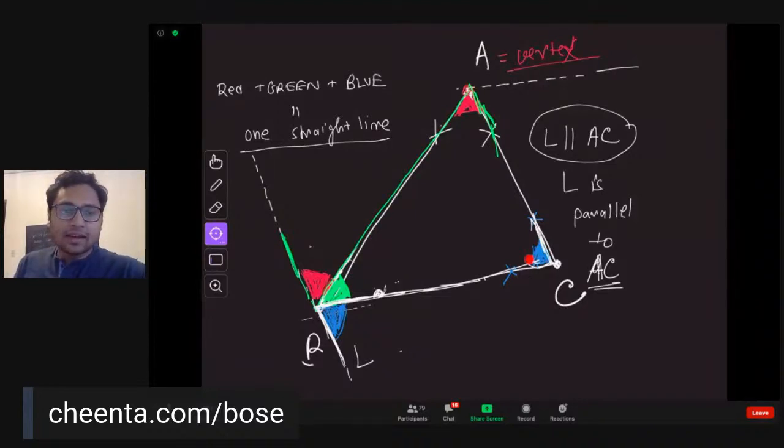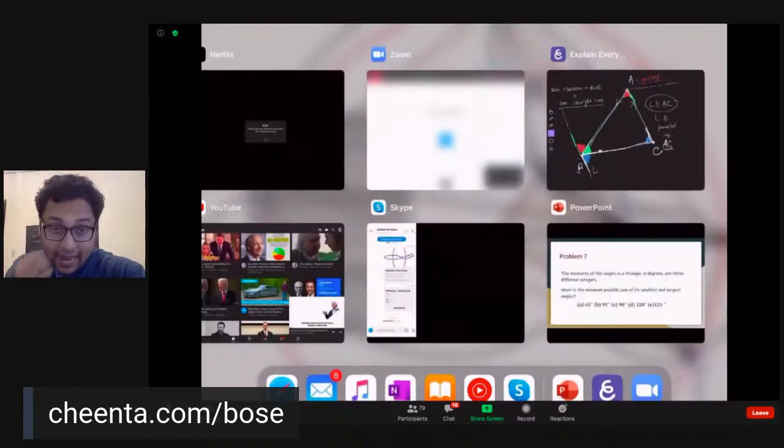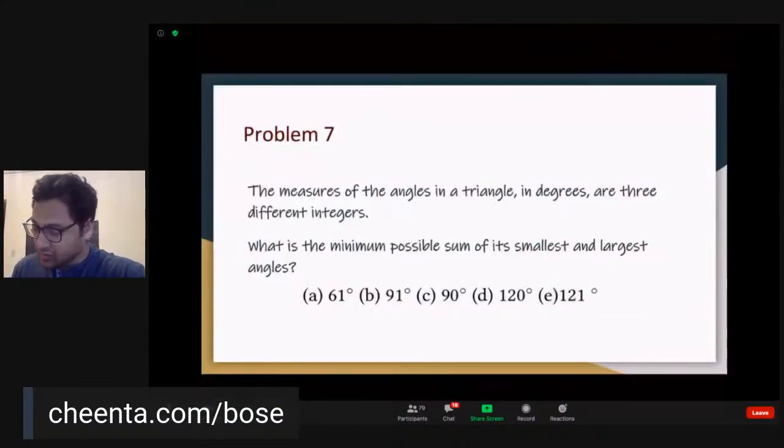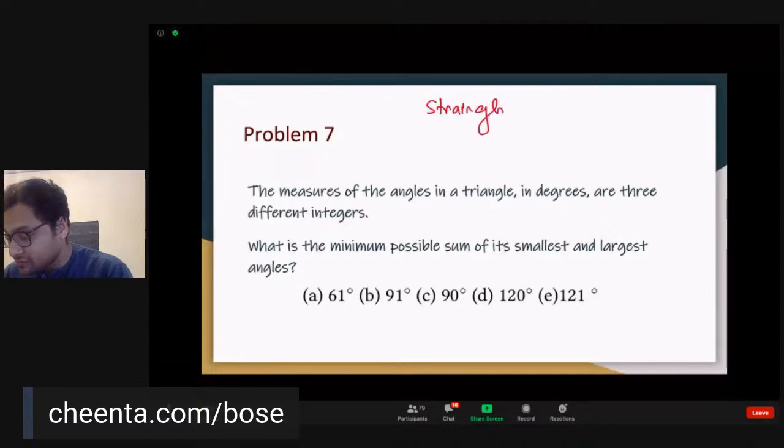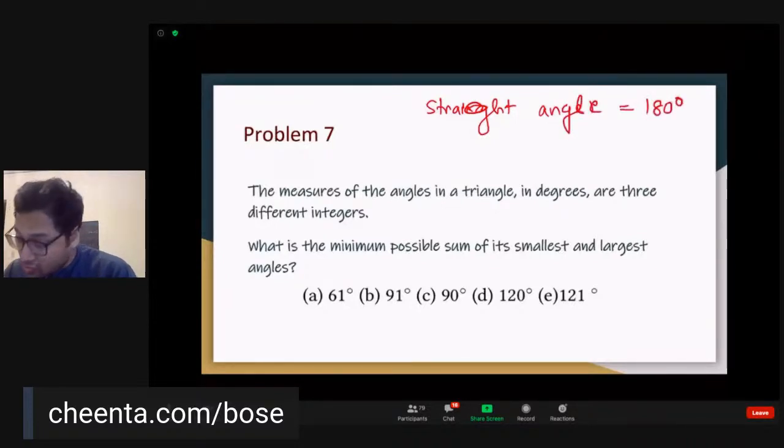Okay, so now that we know that the three angles of a triangle add up to a straight angle, and the straight angle is often referred to as 180 degrees, because the complete revolution is 360 degrees.